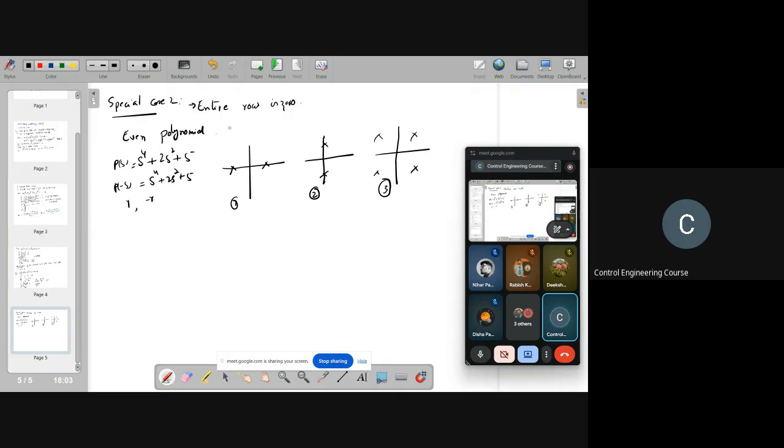Then only you can conclude. In case 1 and case 3, it is directly unstable, because there are roots on the right of the s plane. But in this case, the roots are on the imaginary axis, so they are marginally stable.